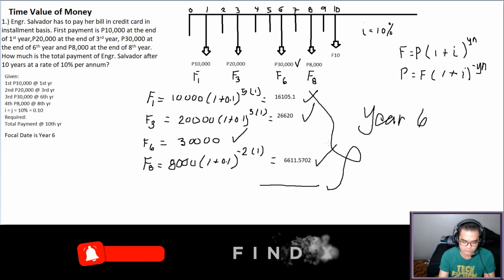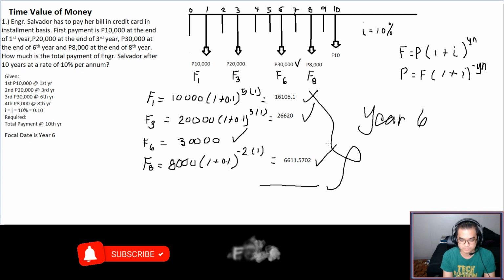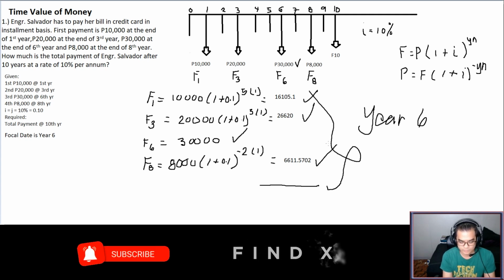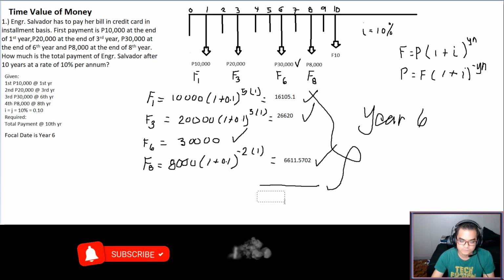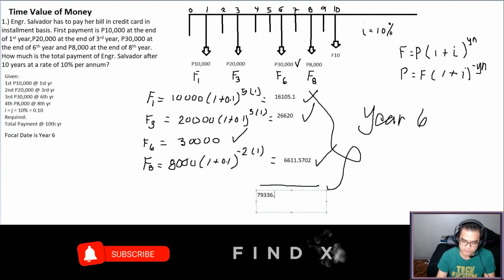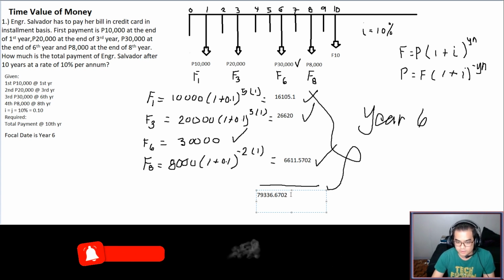So adding all of those, we have 16105.1 plus 26620 plus 30,000 plus 6611.5072, which gives an answer of 79336.6702. You might be confused because we didn't get the same answer as before, but this is not yet the final answer.